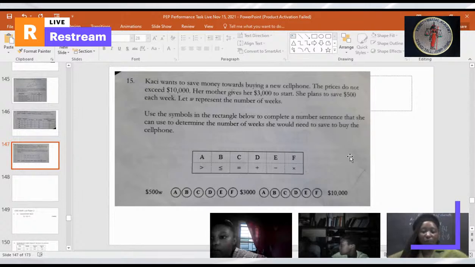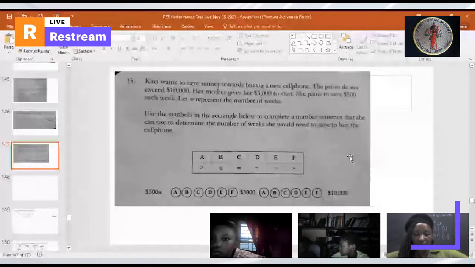All right. So what would we put between the $500 times W and the $3,000? Would we put greater than, less than, equal, add, minus, multiply? What we have is $500 W, and then we'd put something there, $3,000, and put something there, and then $10,000.